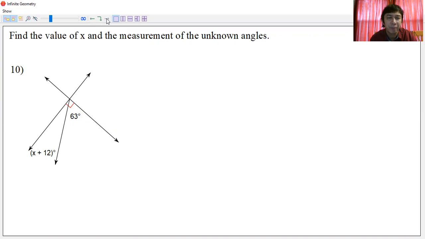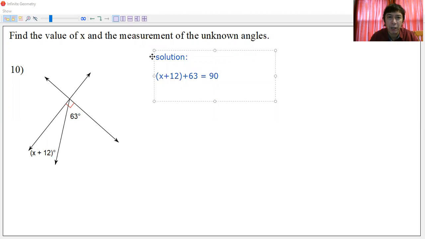So our working equation will now be x plus 12, and then you're going to add 63, and this amounts to 90. x plus 12 plus 63 equals 90 degrees. They are complementary angles. This will be our working equation.